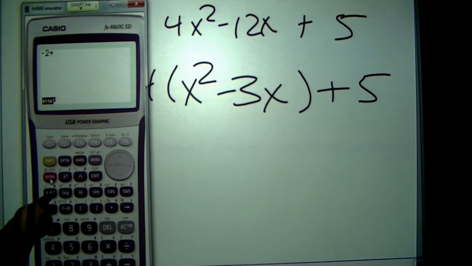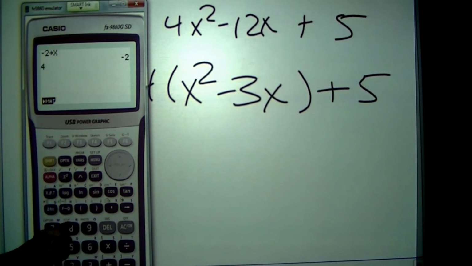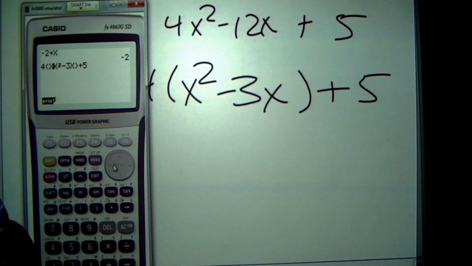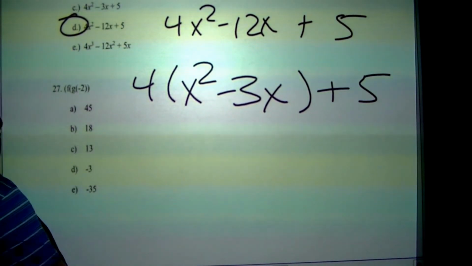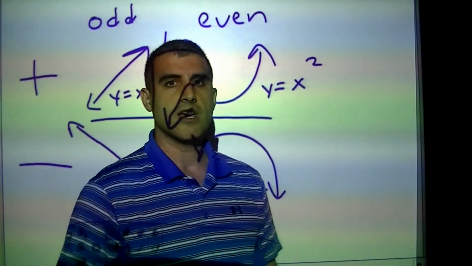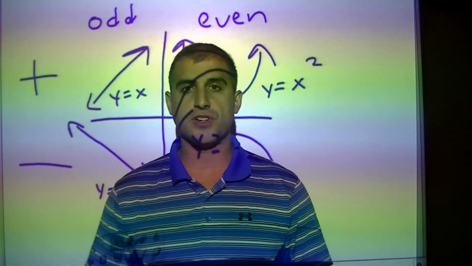Or I don't even need alpha, I just need x. Okay? Then type that in. 4 x squared minus 3x plus 5. Whoops, too many x's over there. Okay, 45 is my answer. I got that right. Okay. I think that's it. Oh, and that's my stuff from the beginning. Okay, so go ahead and watch that, practice that up, use your calculator, you should be fine.